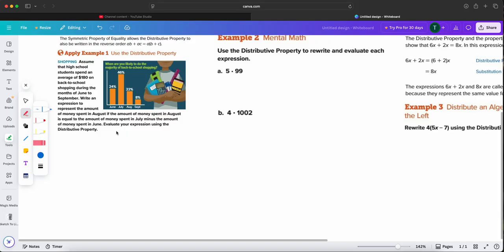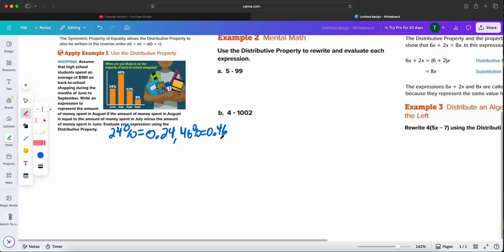So if June is 24%, as a decimal, that's 0.24. And then for July, that's 46%, which is 0.46 as a decimal. So these are the two numbers it wants us to use.